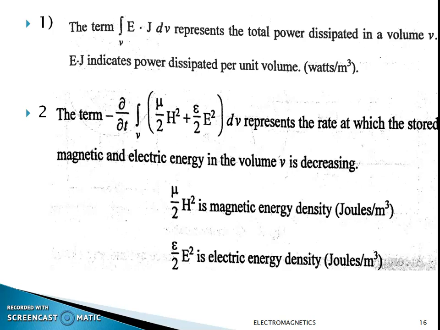That is, the magnetic stored energy and electric energy in the volume V is decreasing. How much the magnetic energy and electric energy in that volume is decreasing, we get from this term minus dou by dou T of volume integral mu by 2 H square plus epsilon by 2 E square.